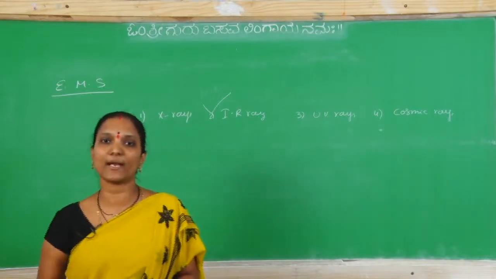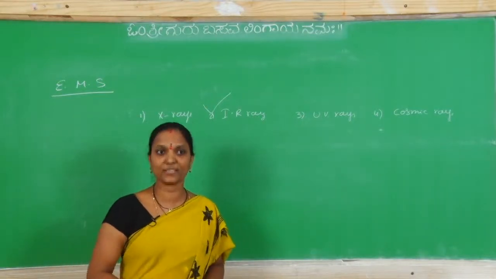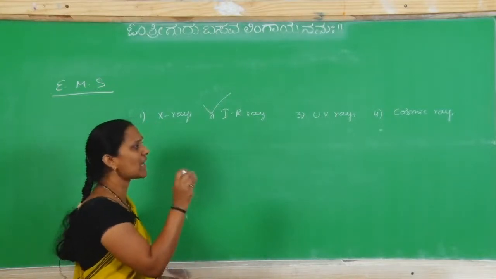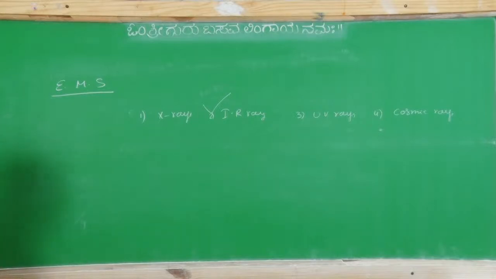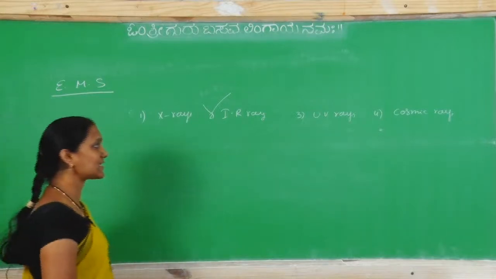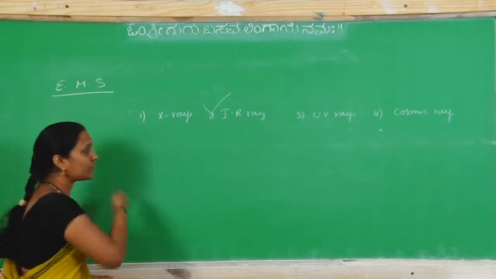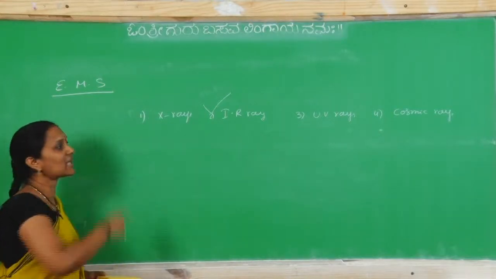So all electromagnetic radiations are arranged in increasing order of their wavelength or decreasing order of their frequency. In these, which one has the highest frequency? If the question is highest frequency, among X-rays, UV rays or cosmic rays, frequency decreases in this order, so the starting one has the highest frequency. What is the starting one?